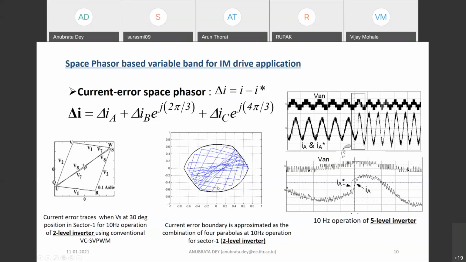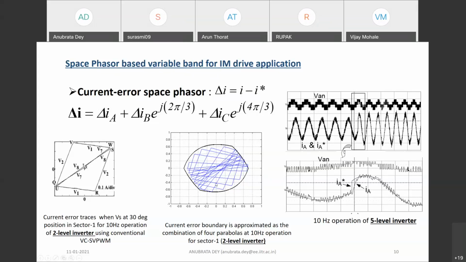Similar to that, a current boundary is set up. When you move from one portion to another portion of sector one, from 0 degree to 60 degree of the space phasor diagram, you will get this kind of current error trajectories, and accordingly you set up some boundary.